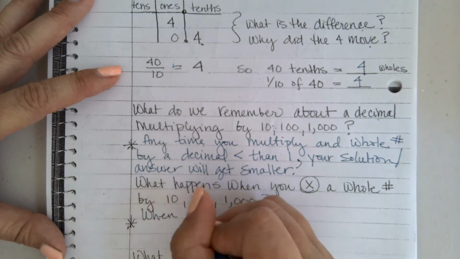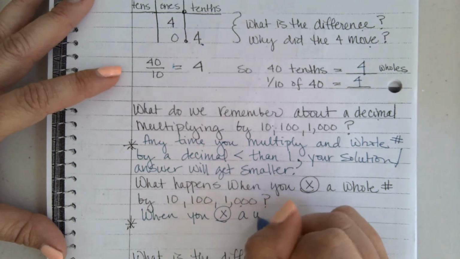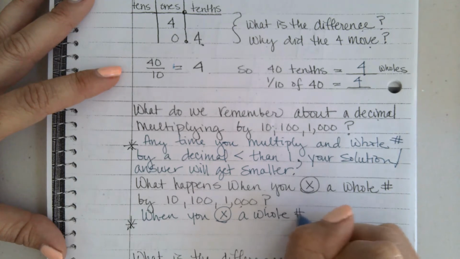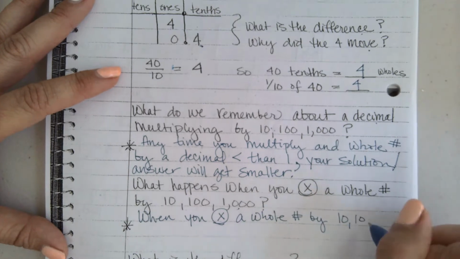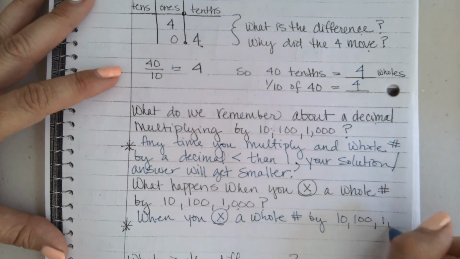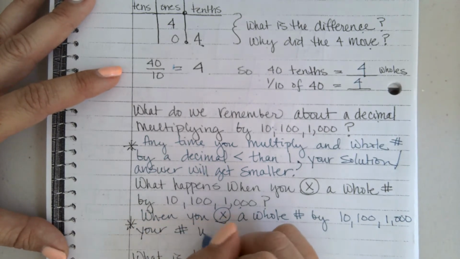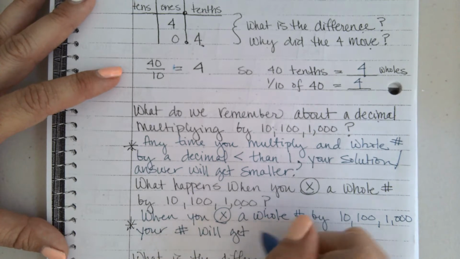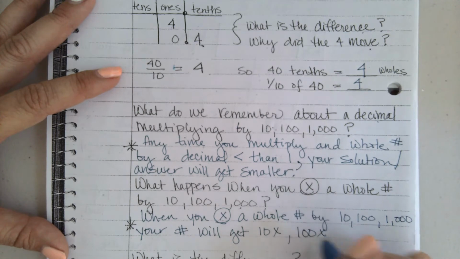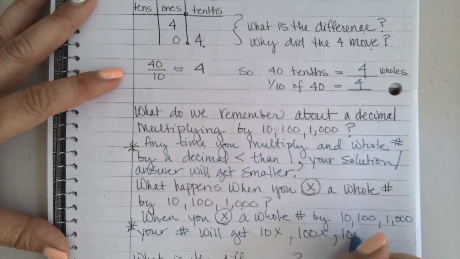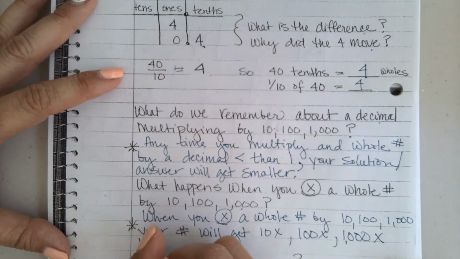When you multiply a whole number by 10, 100, or 1,000, your number will get 10 times bigger, 100 times bigger, or 1,000 times greater or bigger.